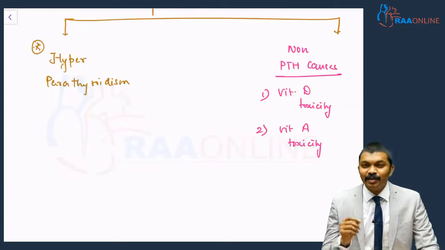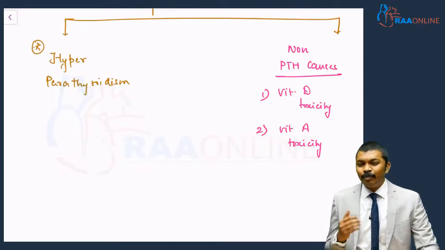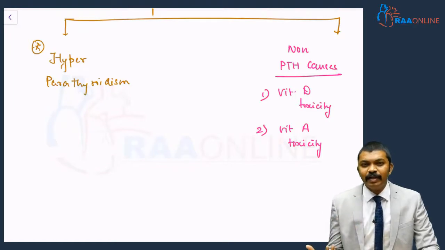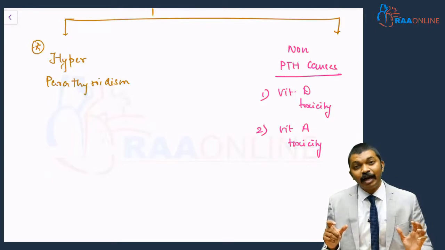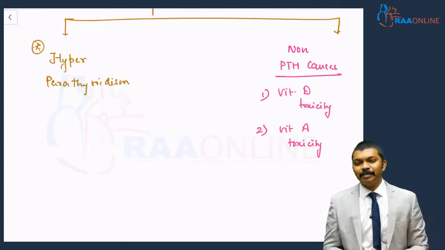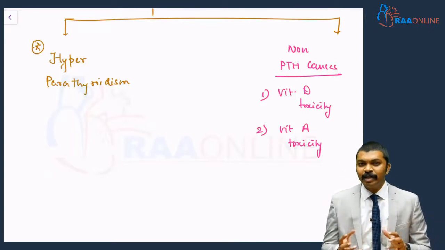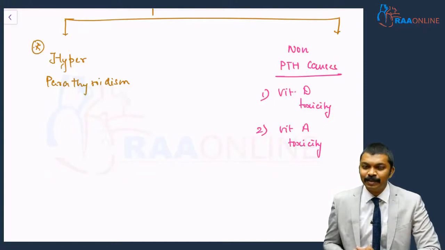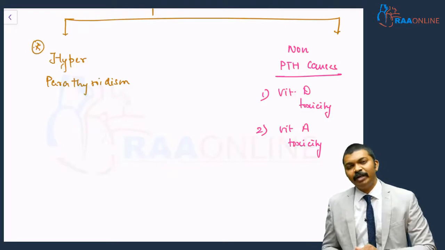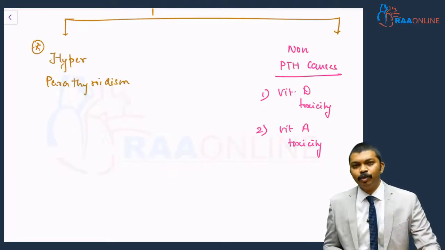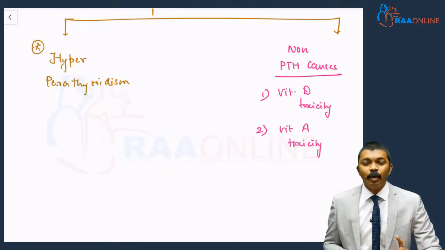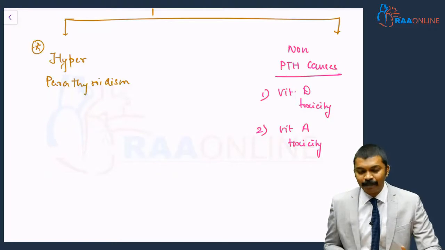Retinoic acid is nothing but an acidic form of vitamin A. So, when vitamin A levels are tremendously increased, even when there is normal vitamin D, there is going to be upregulation of vitamin D receptors. There is going to be increased calcium absorption from the intestine, causing hypercalcemia. So friends, along with vitamin D toxicity, you also need to know about vitamin A toxicity, where hypercalcemia can happen.